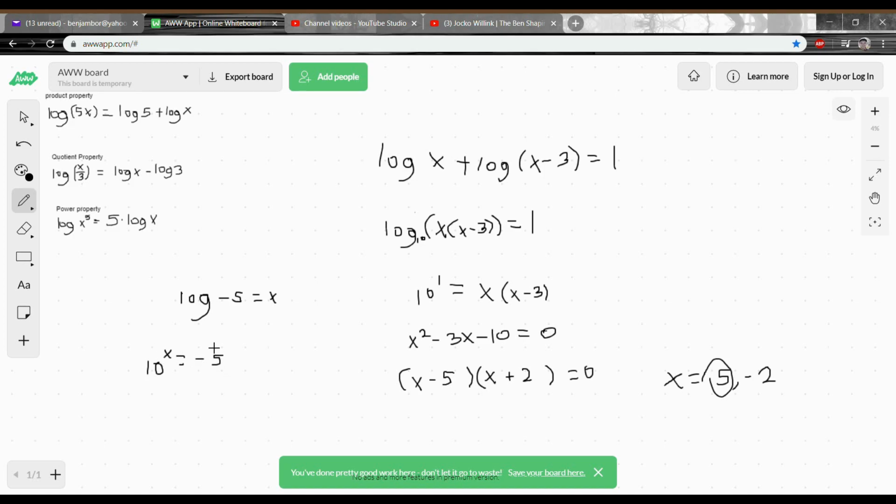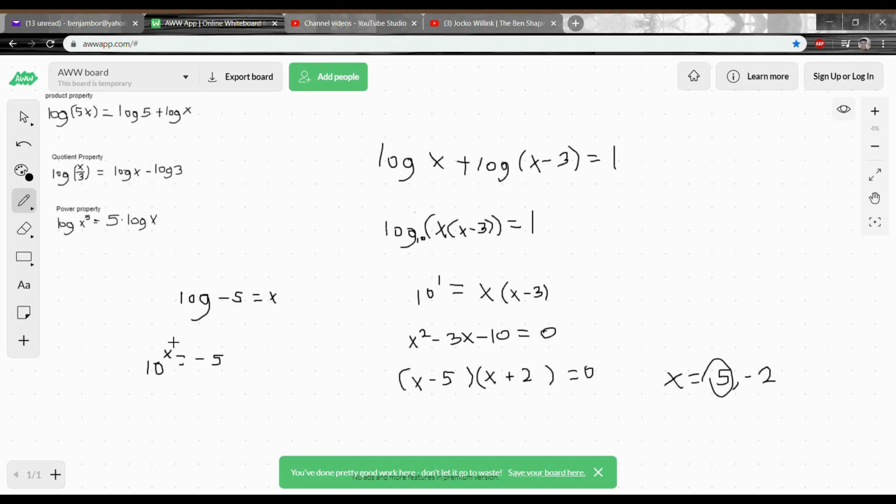And if we think about it, there is no number that we could make x that would result in negative 5. There is no number we could raise 10 to get a negative 5. If we had a positive number here, then 10 would just get very large. If we had a negative number here, then 10 would get very small, but it would never be negative, right?